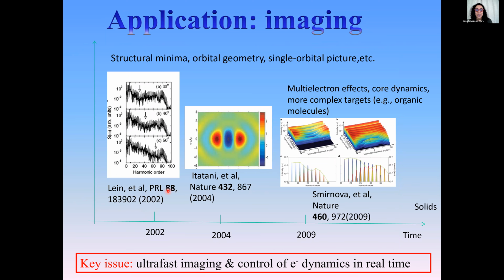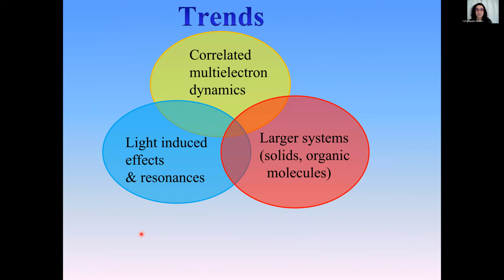Then we move to try to reconstruct orbitals, but obviously, if you are dealing with a real molecule, the real thing, you need to take into consideration multi-electron effects and core dynamics, which is what has been happening in the past decade. And now solids are all the rage. So the work continues, and we need more and more sophisticated methods to deal with that.